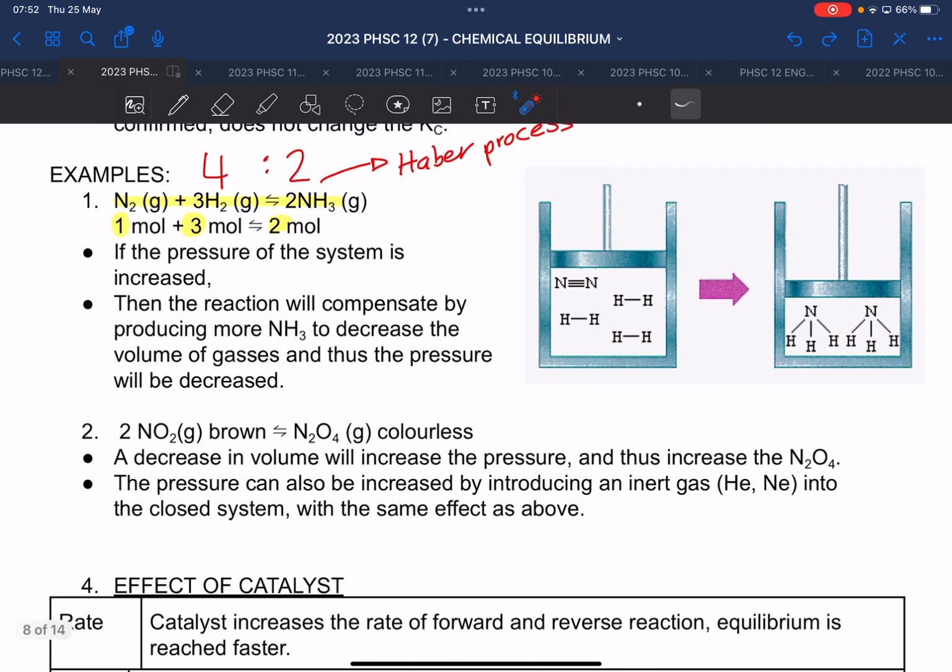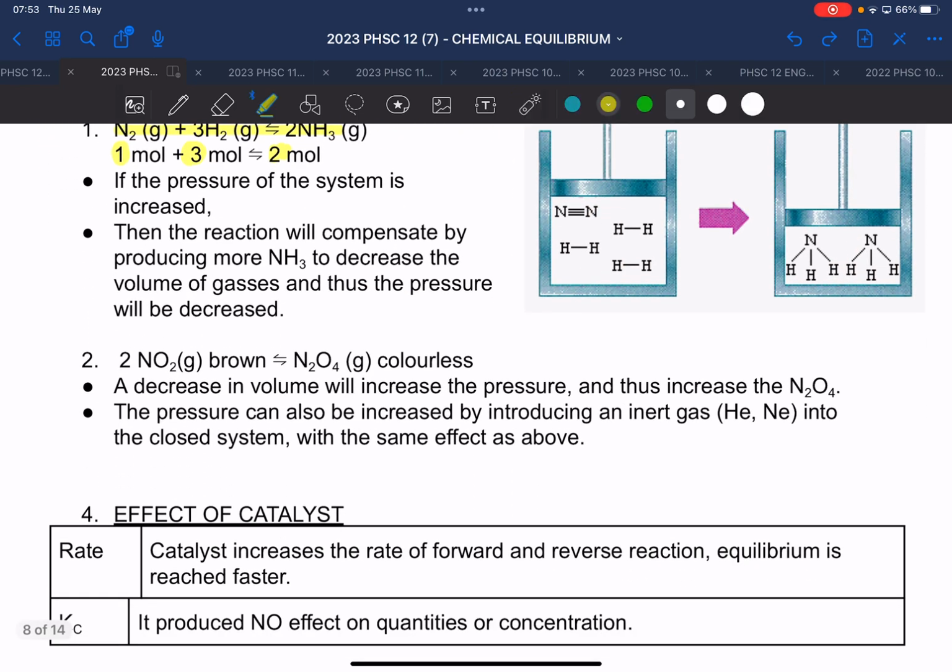Okay. Then, if we look at this reaction here, where we have 2 moles of nitrogen dioxide versus 1 mole of dinitrogen tetroxide, the mole ratio there is 2 to 1.